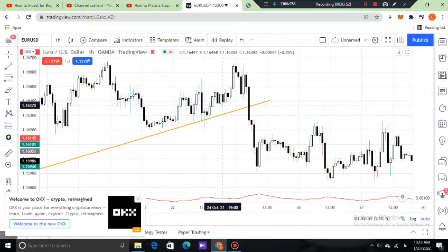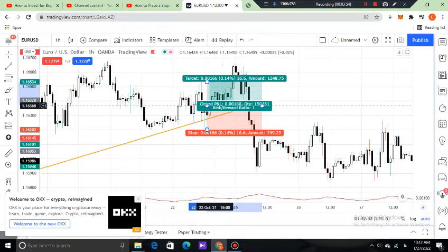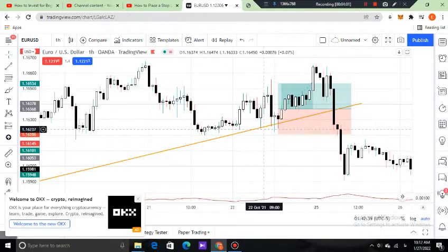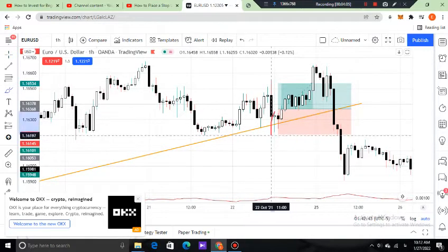If you enter the position at this bar, you probably want to put your stop loss below this signal bar, below this tail here.